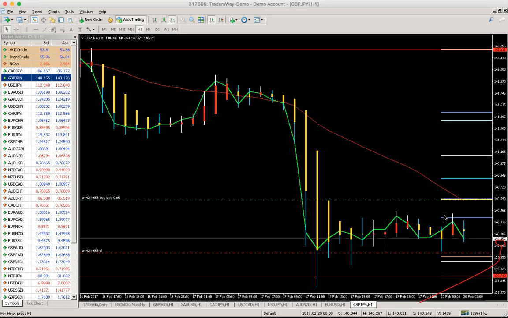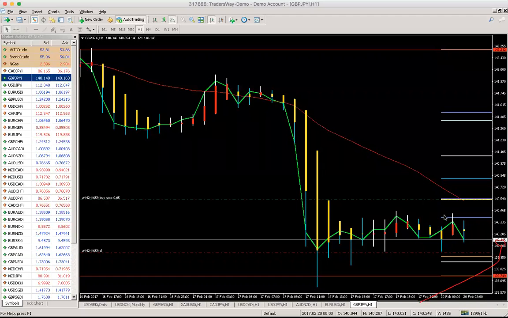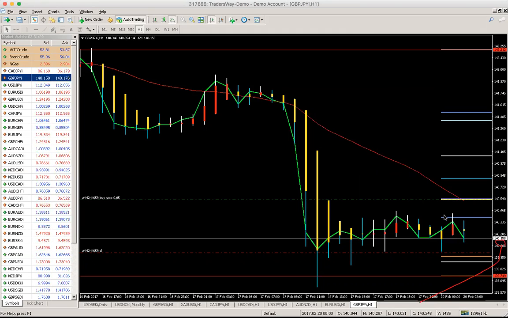For other pairs, like a lot of my exotics, the Singapore dollar, the Hong Kong dollar, the Turkish lira, the Thai baht, they all move during the Asian session, where most majors and crosses are consolidating during that time. So depending on what you're trading and how it responds to different market volatility could actually depend on when it moves or how it moves.